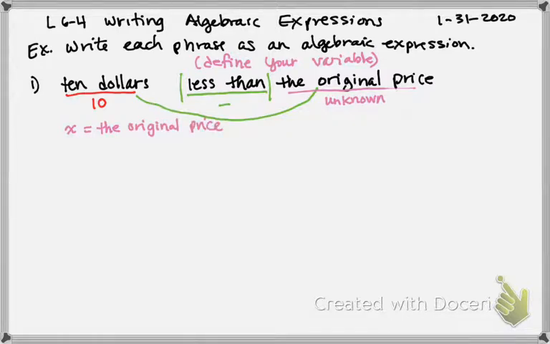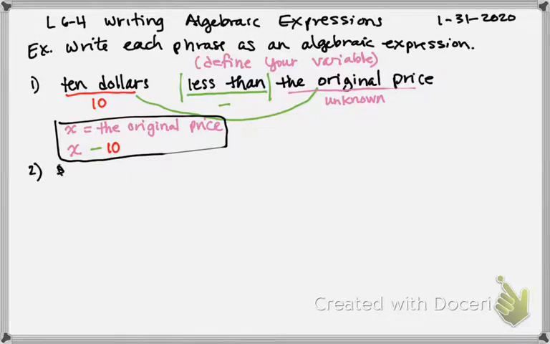Now I translate. So x is going to come first, our operation, and then our number. Why did we switch it around? Because of the less than. It's saying we had the original price, but now we're taking $10 away from it. So that's number one. Both of these are part of the answer.